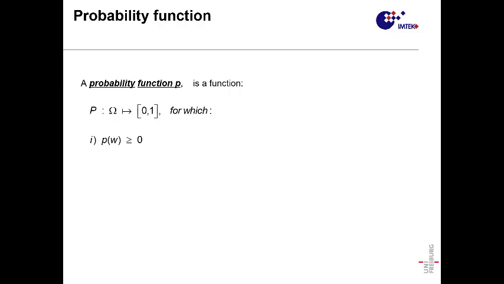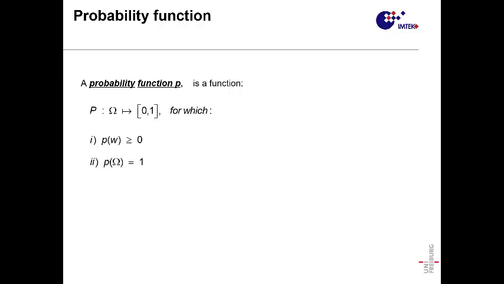When we talk about the probability function, we're talking about the probability of each element of the set omega. An element, as we defined it last week, we call W. The probability of any element of omega has to be equal to or larger than 0, as we defined a few slides before.